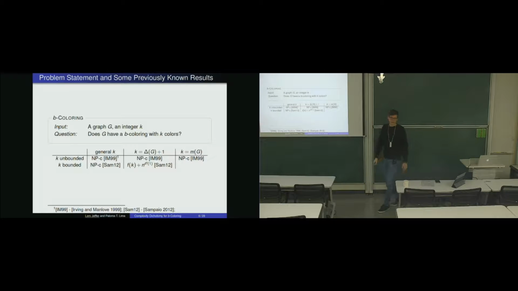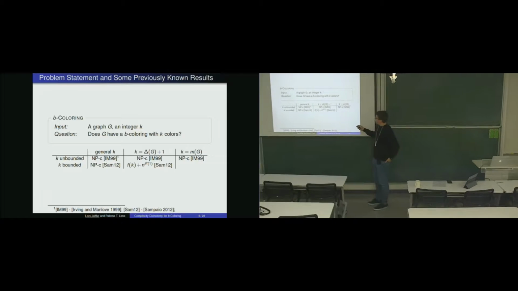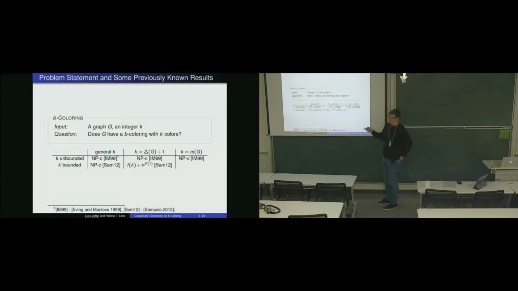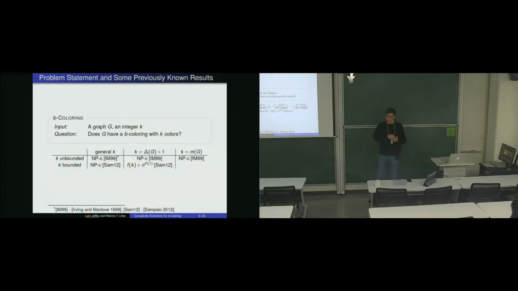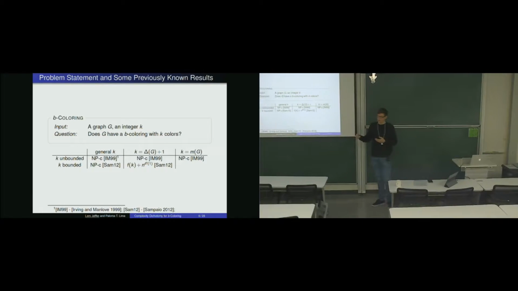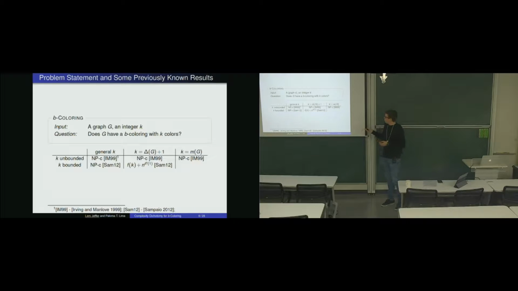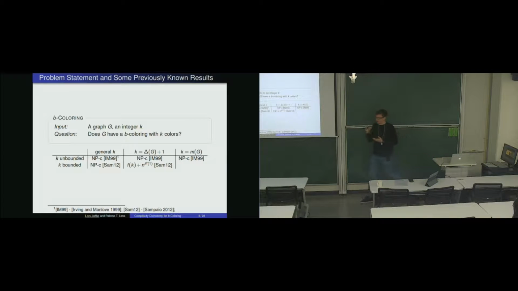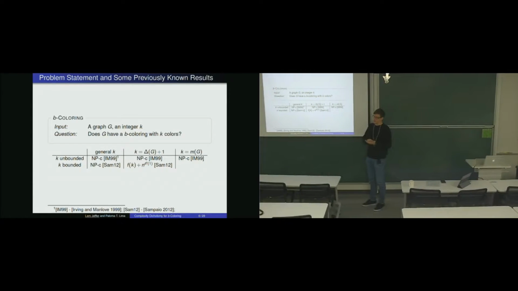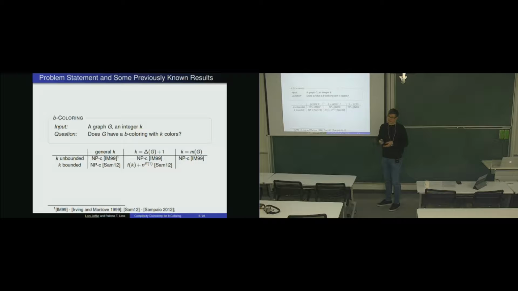So that's probably not so surprising. And the problem remains NP-complete if we restrict the question to: does my graph have a b-coloring with delta of G plus 1 colors, or with m of G colors? So if we want to know if a graph achieves this upper bound, this question is also NP-complete.